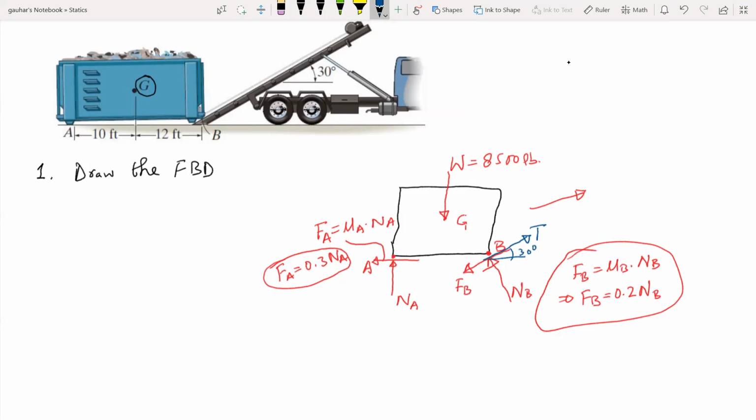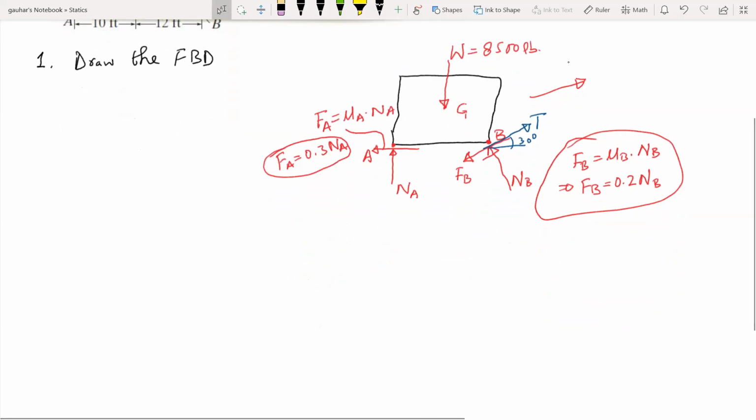Now we need to find this T, to see what tension we require in the cable to load this bin onto the truck. So this is our free body diagram, and with this we are done with the free body diagram. Now we can go to the next step, which is to apply the equations of equilibrium.